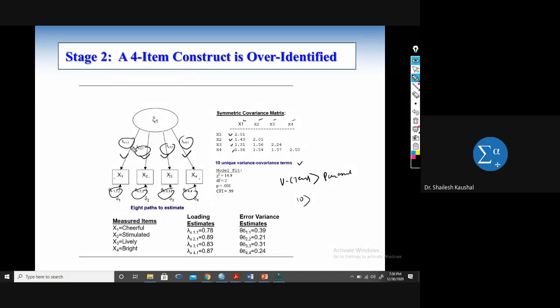These are the parameter estimates. The total unique variance covariance terms should be greater than the parameters, so it is desirable. If we take 4 questions in this construct, it is good because the variance covariance terms are greater than the number of parameters.